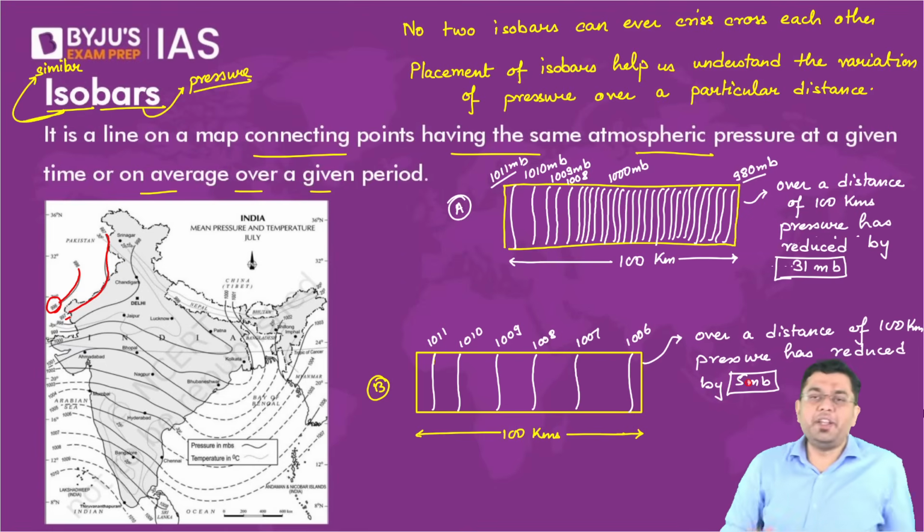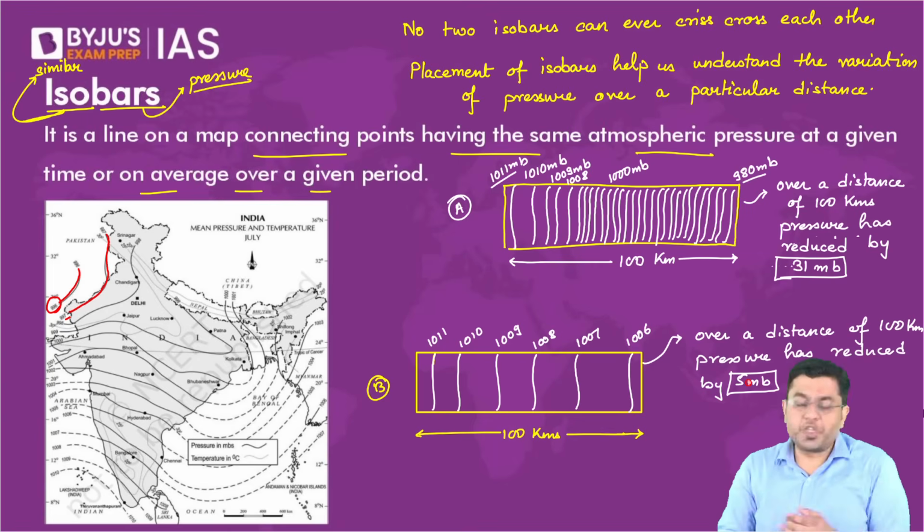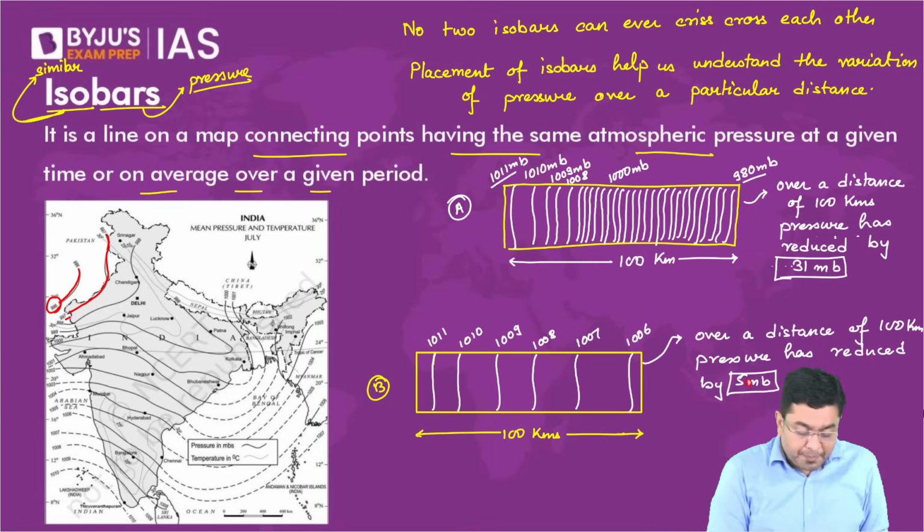So over the same distance in both cases, the pressure changes in a different manner, and that can be depicted by the placement of the isobars.